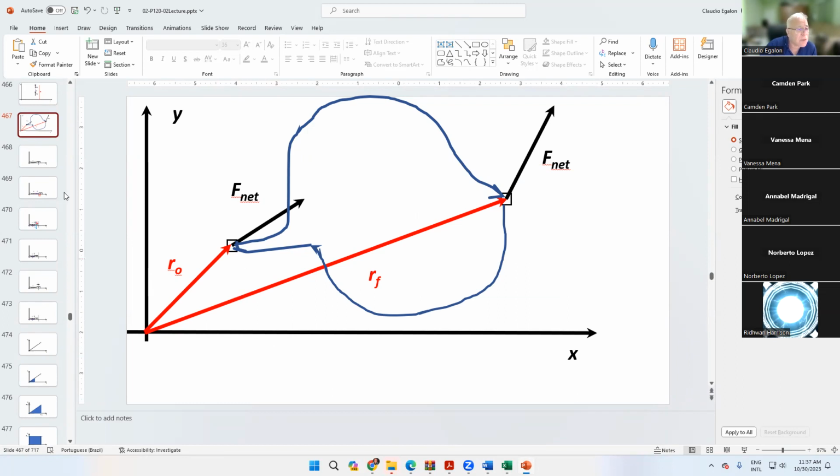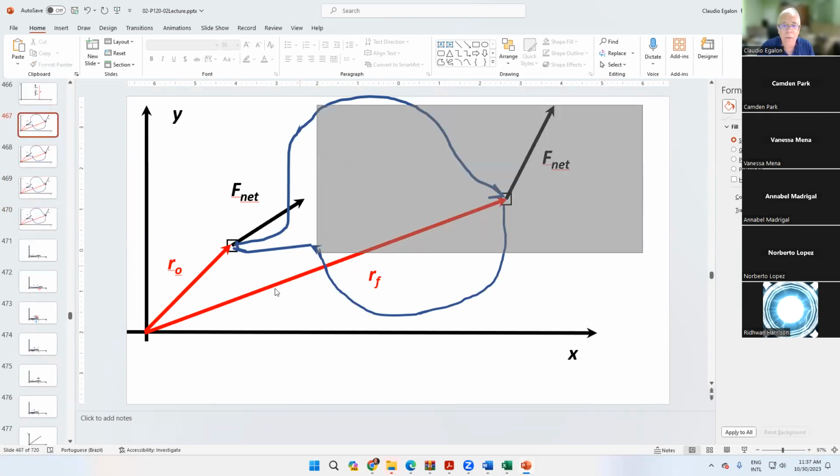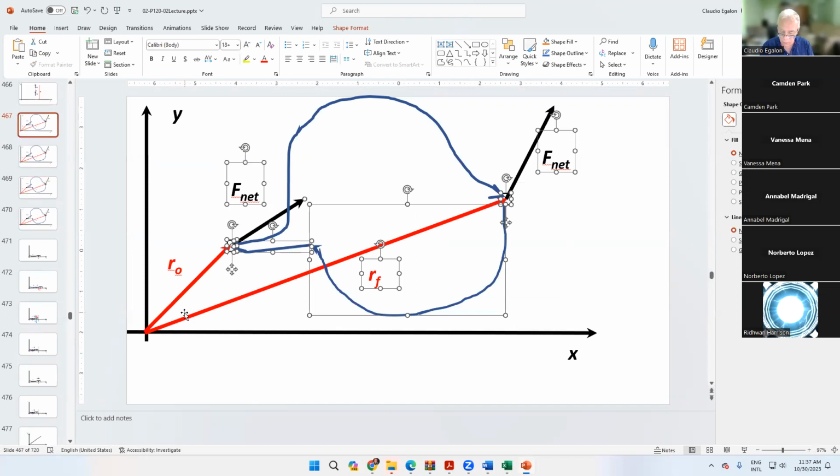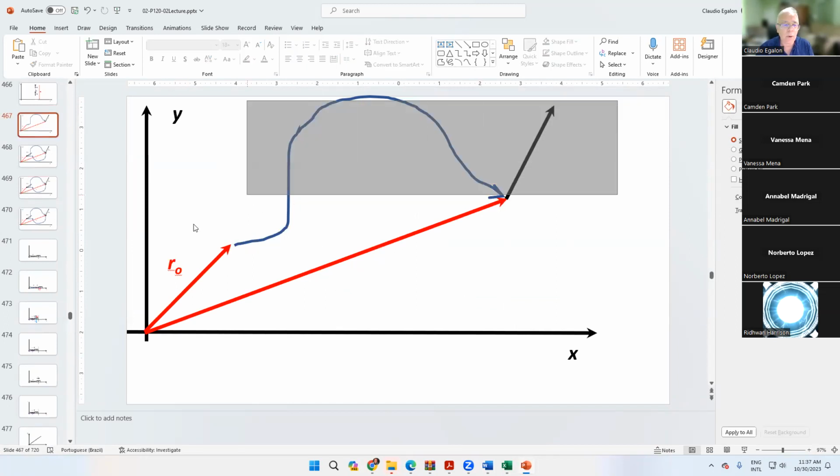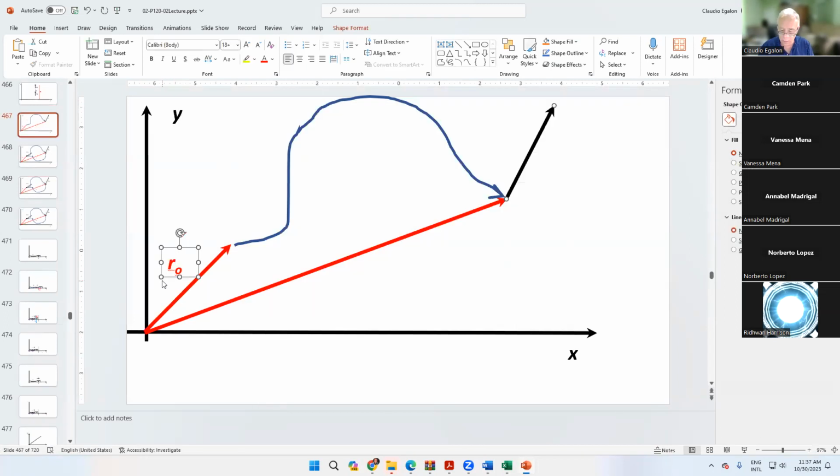But the conservative force is the following. Suppose we have an object, and I'm going to start from scratch. I'm going to erase everything.